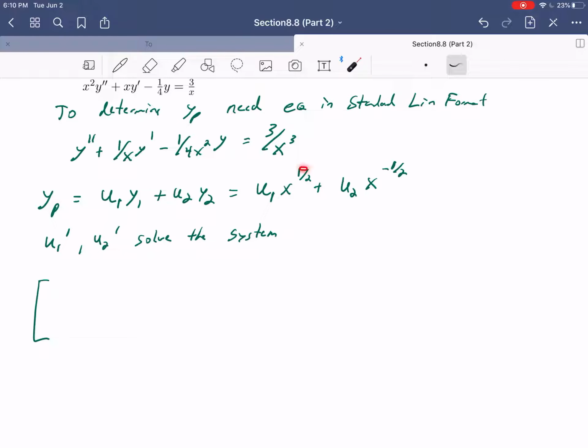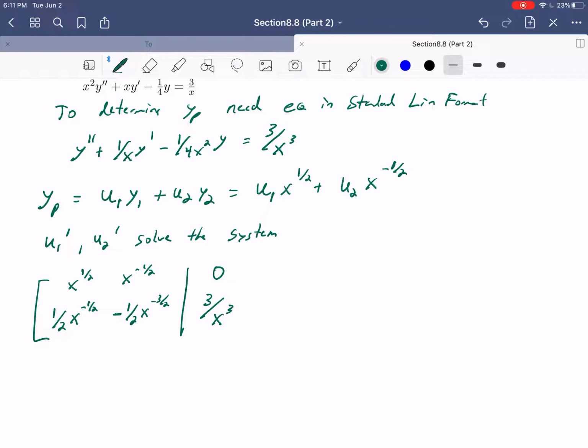The coefficients would be y1 and y2, so x to the 1/2, x to the negative 1/2, and then their derivatives 1/2 x to the negative 1/2, negative 1/2 x to the negative 3/2, augmented with 0, and then our non-homogeneous piece, which remember now is 3 over x cubed. So we'd want that as 3 over x cubed there. Okay, so got to make sure we use that correctly.